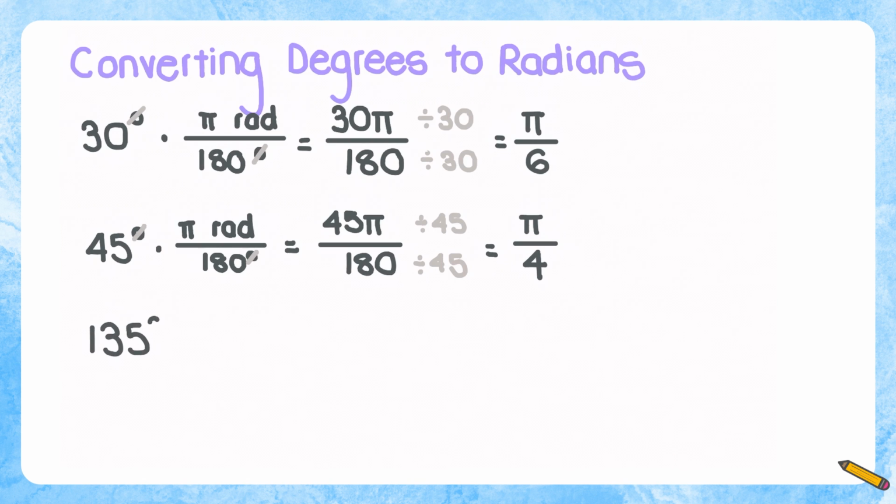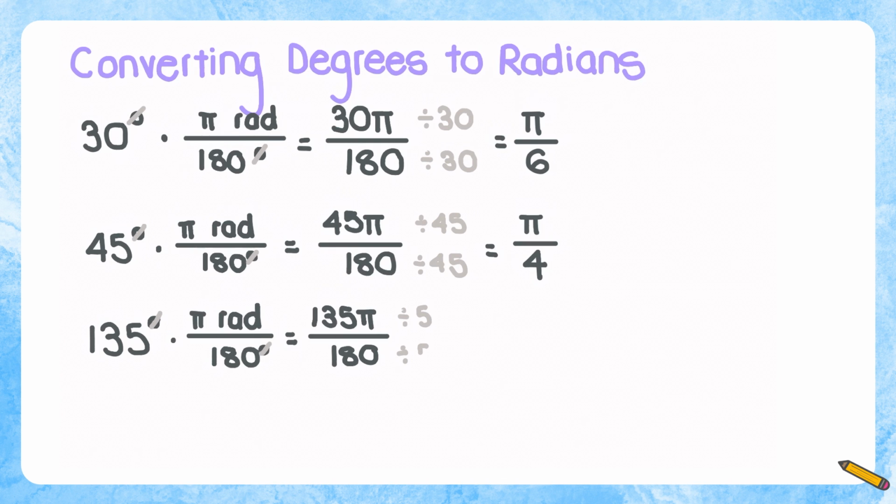So let's look at 135 degrees. We're going to convert this into radians. Okay, so we have our conversion factor. The degrees cancel out, and we get 135 pi over 180. But honestly, off the top of my head, I don't know what the GCF is. So what I'm going to do is divide both the numerator and denominator by something I do know is a factor, so by 5.